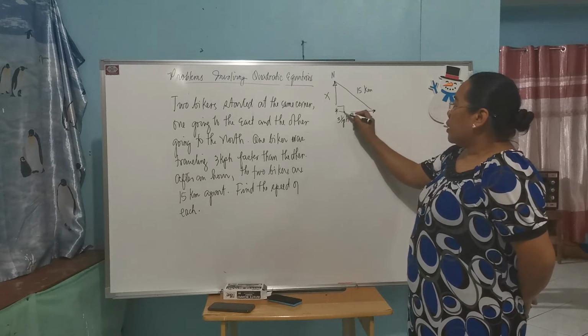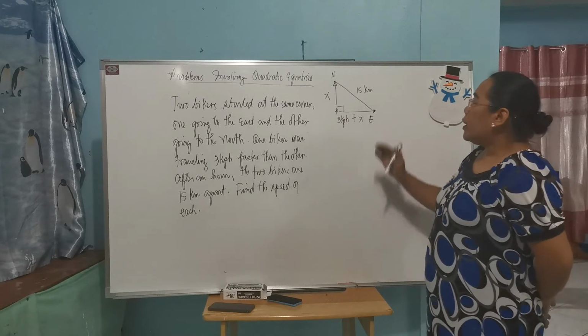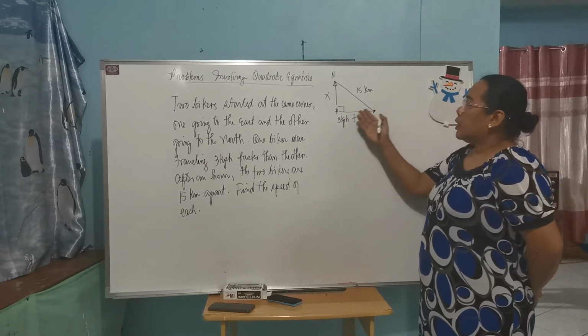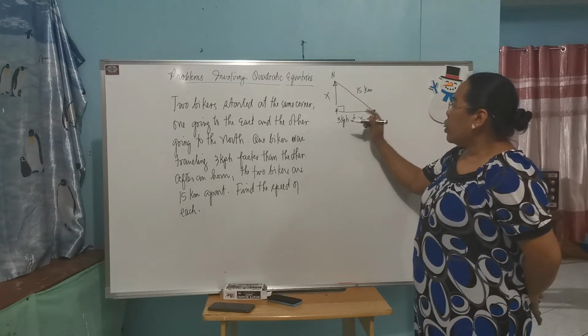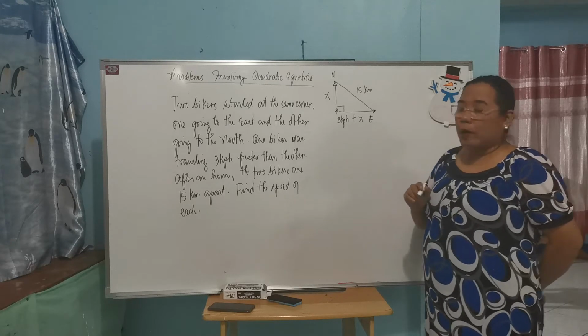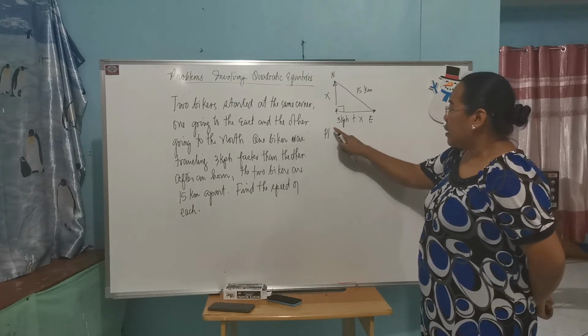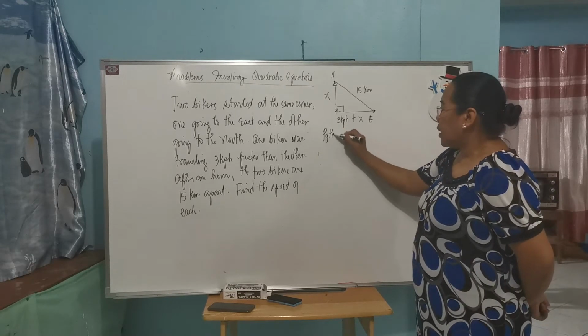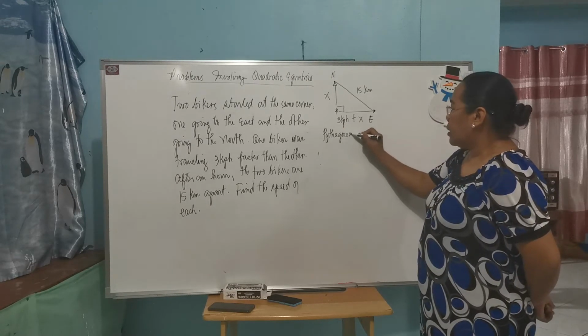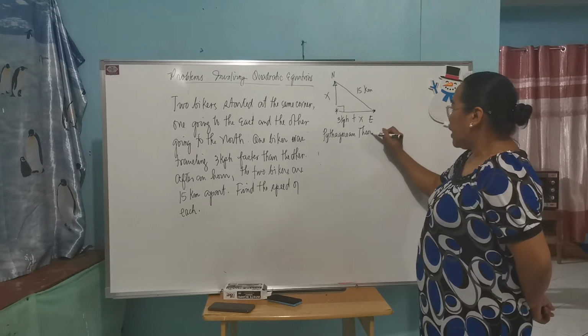If we take a look at our illustration, this represents a right triangle. And we know that in a right triangle, we are going to apply the Pythagorean theorem. I suppose you have already discussed the Pythagorean theorem in your previous grade.